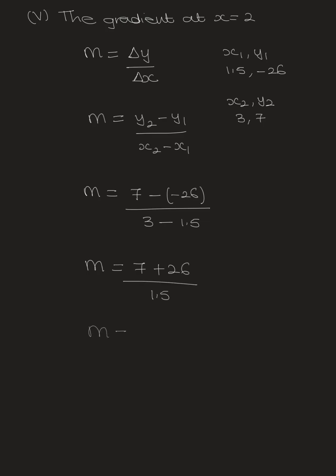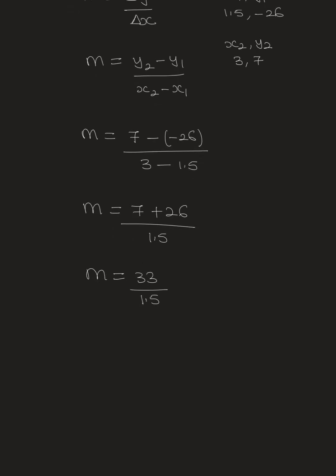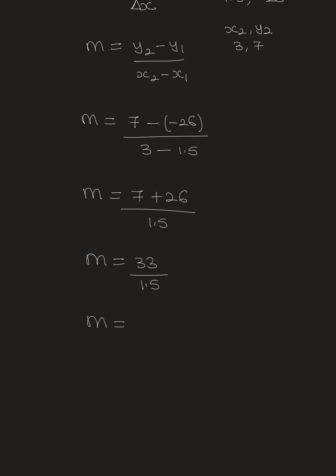So the gradient is equal to 7 plus 26 is 33 divided by 1.5. The gradient is equal to 33 divided by 1.5, which is 22.